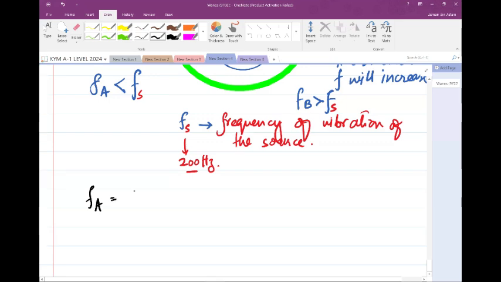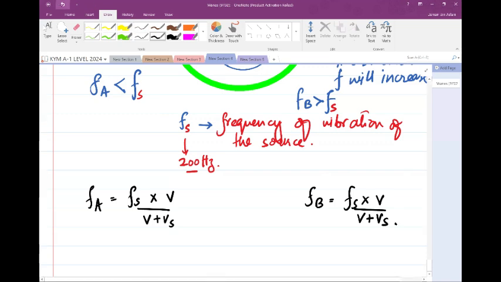FA will be equal to Fs multiplied by V divided by V plus Vs, and Fb will be equal to Fs multiplied by V divided by V minus Vs. Both these formulas are stated in the question paper, so you don't have to know where these came from, but you need to know what the symbols Fs, Fa, Fb, V and Vs are. I'm going to tell you that.